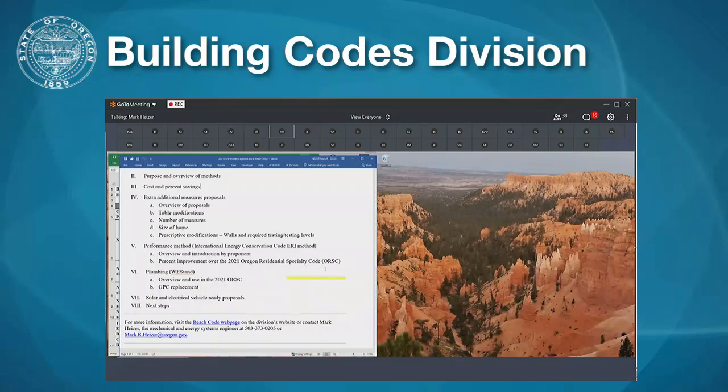Cost doesn't work in as much when it does go through the normal adoption process. Then under Executive Order 20-04, we're going to be looking into these in a lot more detail as we head toward that 2030 target.